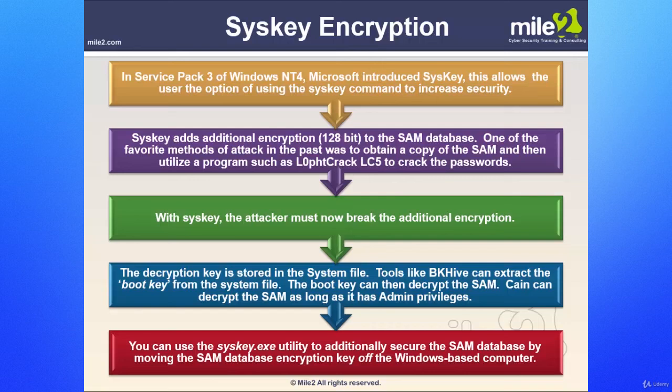What's nice about it is that there are tools out there that will allow us to actually crack the SysKey. The tool is called bkhive. It can extract the boot key from the system file. The boot key can then decrypt the SAM database. And Cain can also decrypt the SAM as long as it has admin privileges. So you can use the syskey.exe utility to additionally secure the SAM database by moving the SAM database encryption key off of the Windows-based computers.